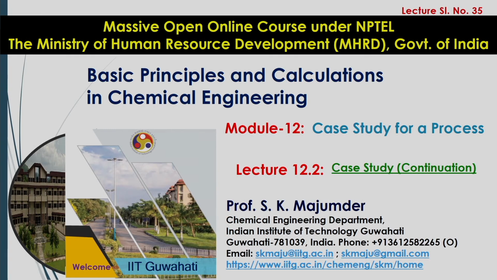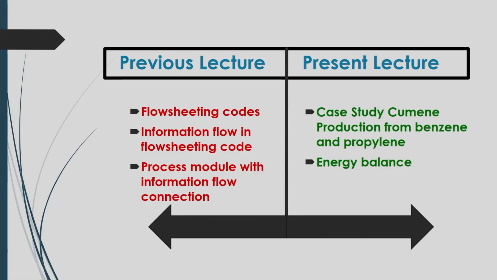Here we are discussing a case study for a process. In the previous lecture we described the material balance of a chemical engineering process, like cumene production from benzene and propylene, and how and what amount of different raw materials are required for individual equipments and for the whole process.